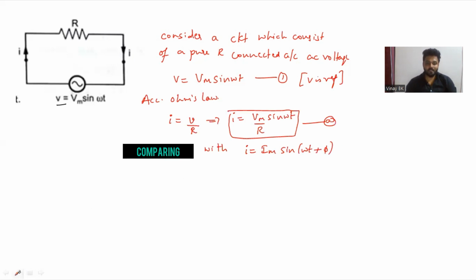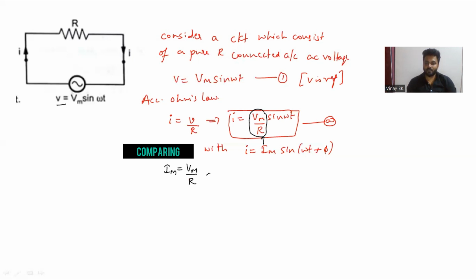By comparing with this standard equation, you can easily write that the maximum value of current Im is Vm divided by R, where Im is the maximum current and Vm is the maximum voltage with respect to the pure resistor R.